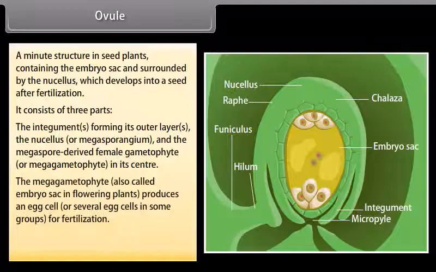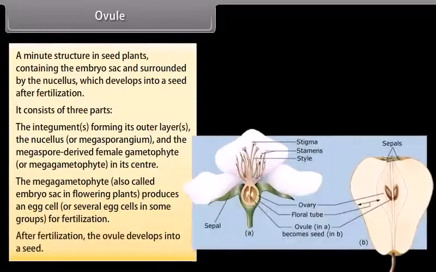The megagametophyte, also called embryo sac in flowering plants, produces an egg cell, or several egg cells in some groups, for fertilization. After fertilization, the ovule develops into a seed.